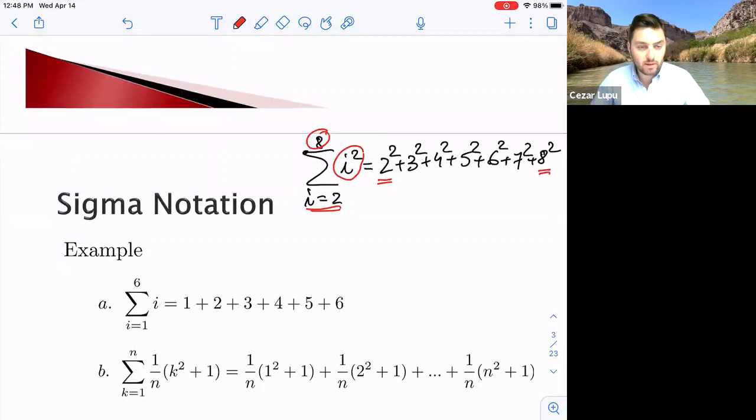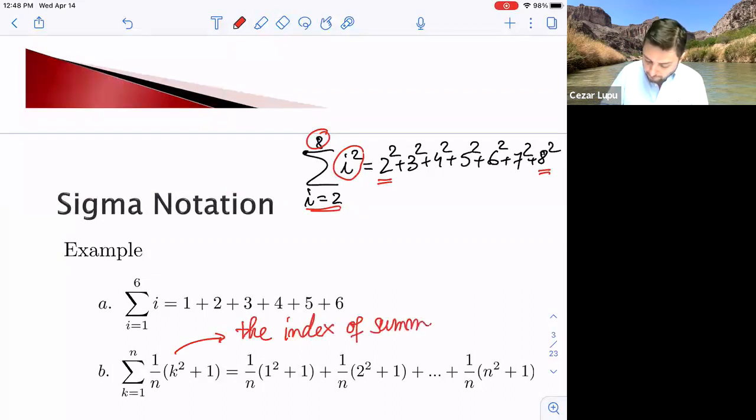So you see the index of summation is k. So this guy here, 1 over n, is the constant term in this sum.